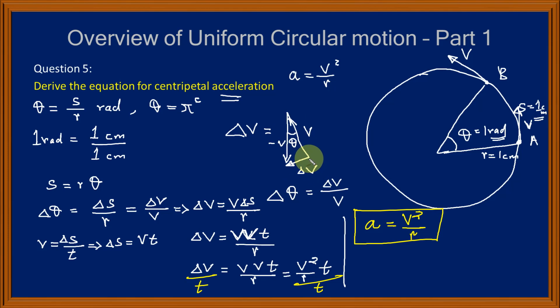And then I can see that this can be some kind of an arc, and this is the radius of that arc, because this is V and this is V. This length and this length are the same, just like this is R and this is R, and this one is delta S. So similarly, if this one is V and this one is V, this one is delta V.